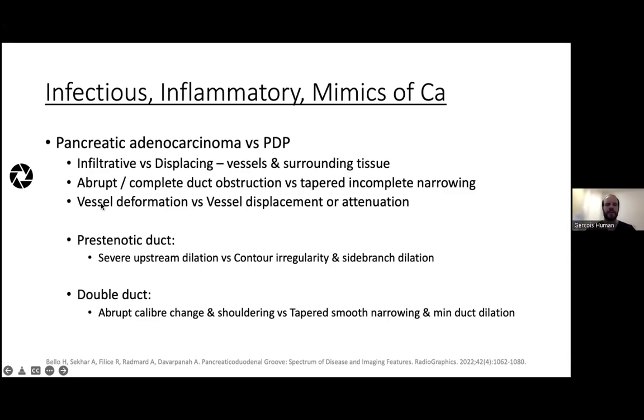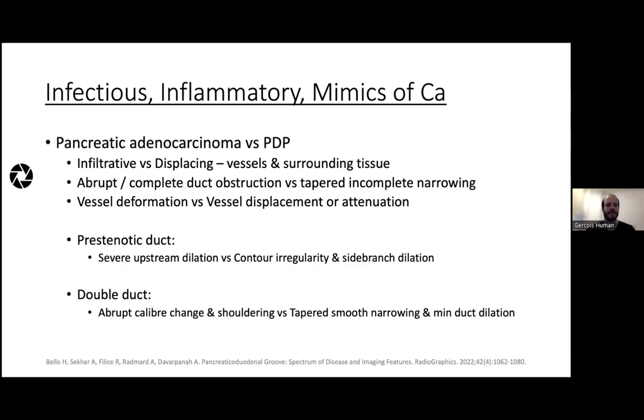When you look at the duct that's being obstructed, in carcinoma there's an abrupt obstruction, and usually complete obstruction of the duct distally, versus in pancreatitis, where it's usually tapered with incomplete narrowing distally. In the pre-stenotic duct, you will have severe upstream dilatation in adenocarcinoma, whilst you will usually have contour irregularity and side branch dilation in pancreatitis.